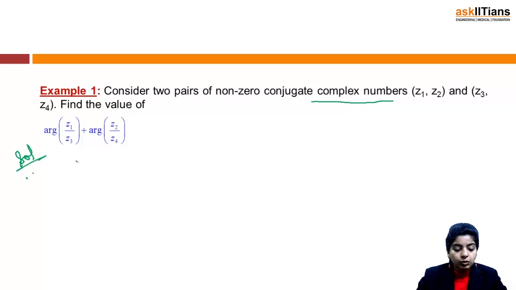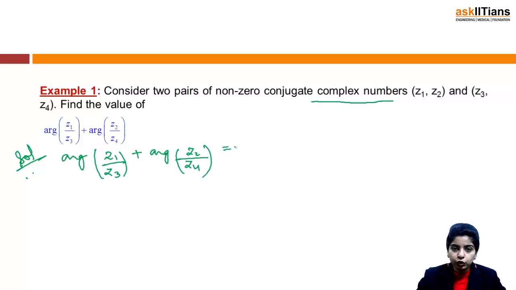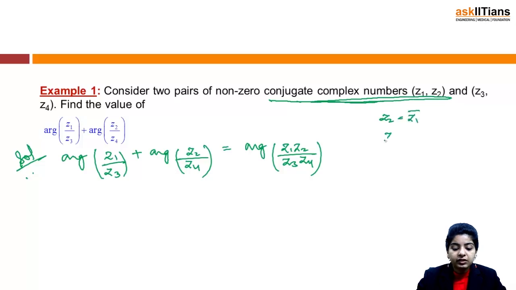Okay, so how will we solve this? We are just required to find the argument of z1 by z3 plus argument of z2 by z4. Using the properties that we have just now discussed, we can write it as argument of z1 z2 by z3 z4. And again, it's given that the pairs are conjugate complex numbers, which means z2 is z1 bar and z4 is z3 bar.